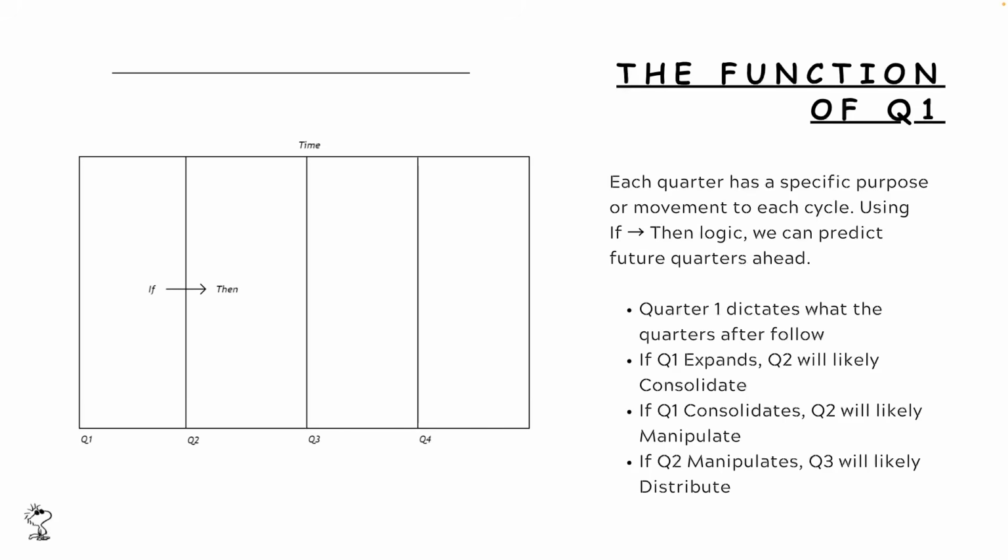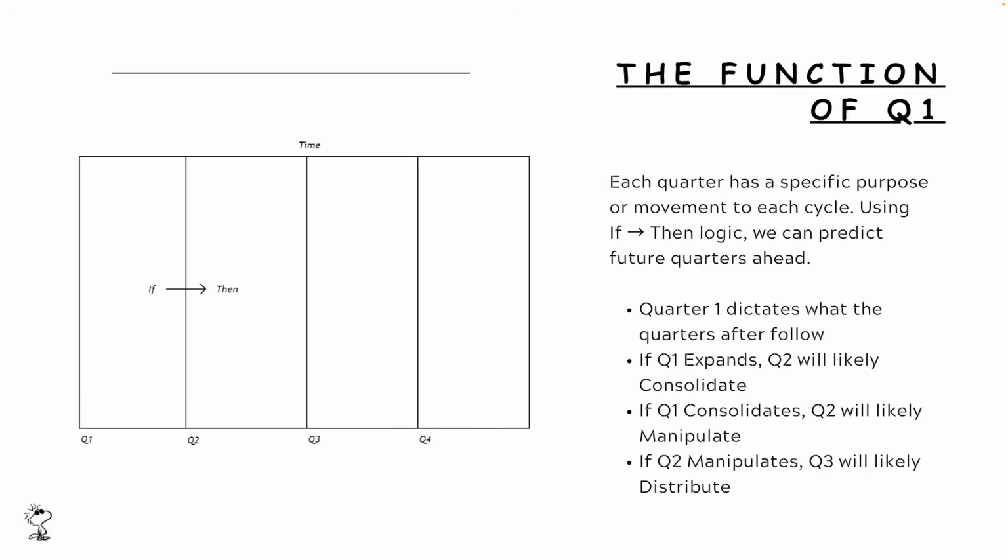For a lot of people familiar with power of 3, you know it as accumulation, manipulation, distribution. In quarterly theory, there's an X function. We understand this as expansion, which usually tends to be a continuation or reversal of the quarter prior to the opening quarter. You can either see AMDX quarters or XAMD quarters. It really comes down to the function of quarter one.